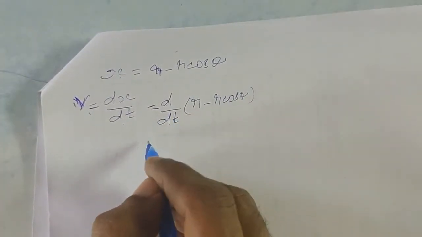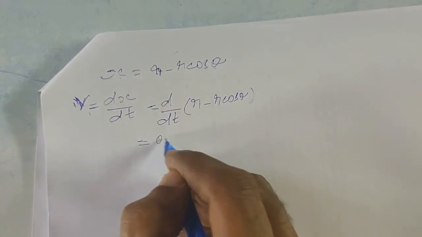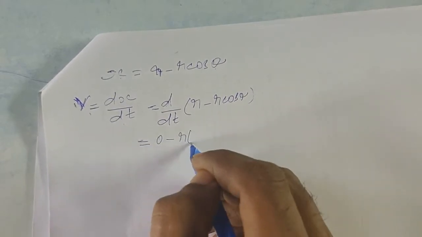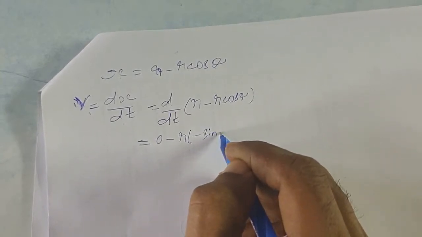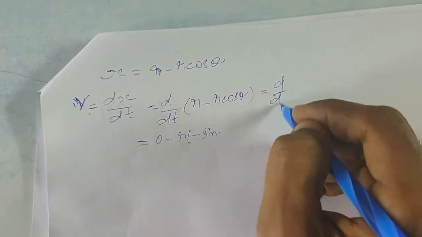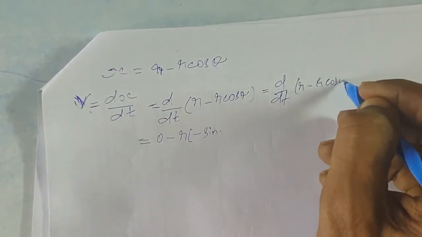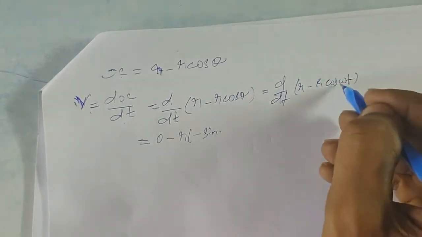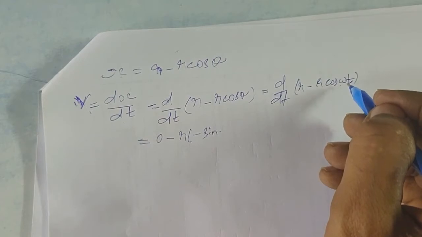So it will be equal to 0 minus r into minus of sine theta, or sine theta can be written as sine omega t. Cos theta can be written as cos omega t. Omega is the angular velocity for a time interval t.